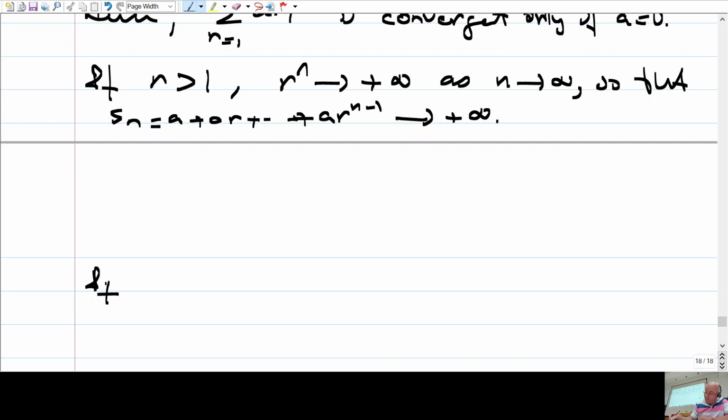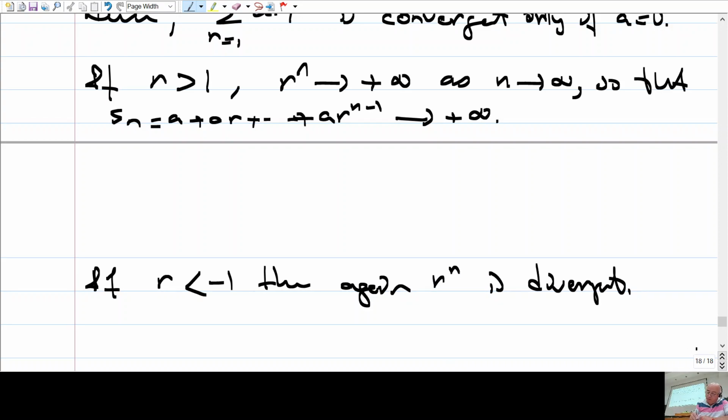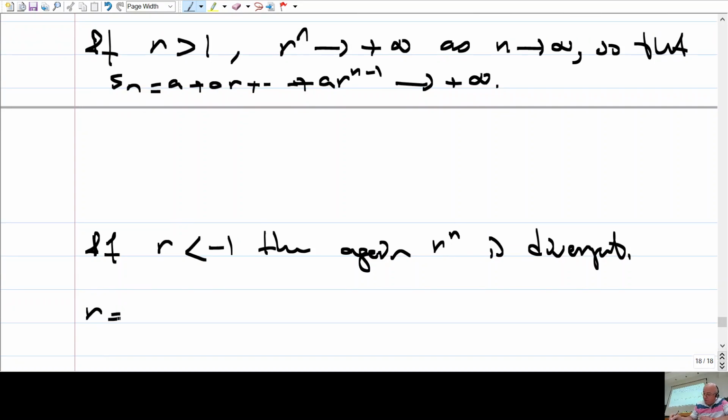If r is less than minus 1, then r to the power n will oscillate between minus infinity and plus infinity actually. Then again r to the power n is divergent. For example, consider r equals minus 3, then r to the power n is this sequence.